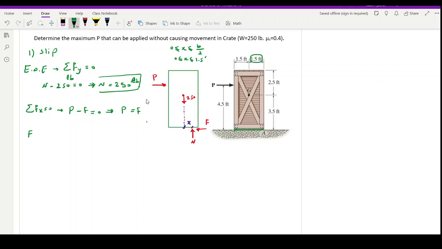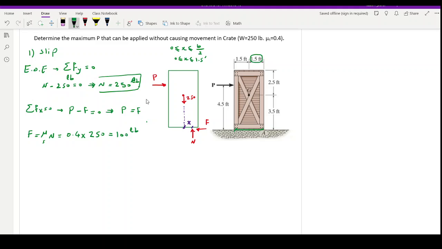That friction equation is mu times N, because I have already calculated N. Don't forget, it says that we assume that it's slipping. That means that we have applied the whole friction, and the whole friction from that diagram that you have seen in the class is mu times N. So mu is 0.4 times N is 250. Therefore, F is 100 pounds.